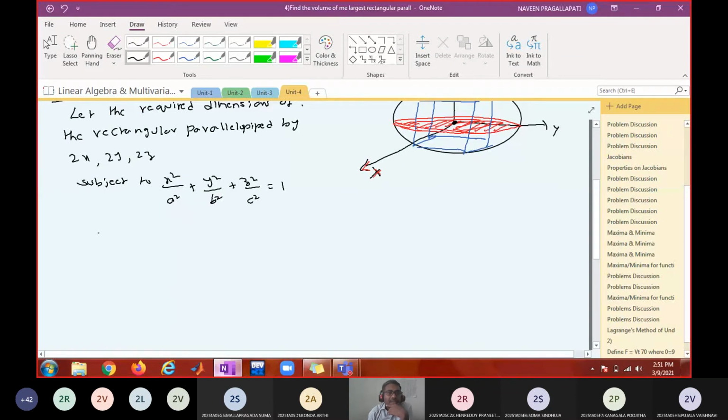So apply Lagrange's method. Therefore, what is volume? Volume equal to 2x into 2y into 2z, which is equal to 8xyz.